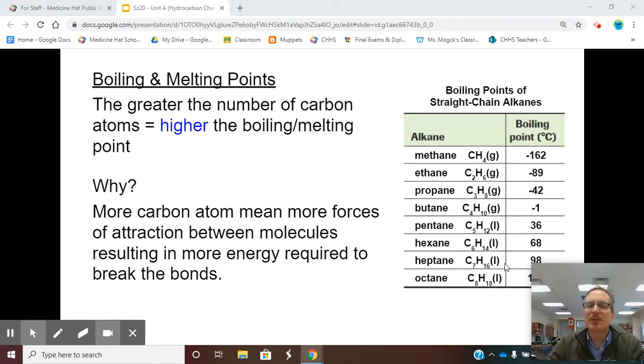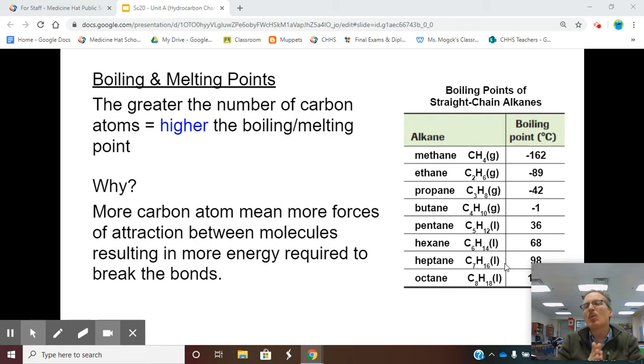Well, that's really, really easy. And that is because when you have a bigger molecule, there are more attractive forces between those bigger molecules, right? If I have 8 carbons and they're floating around in solution with another 8 octane carbons, there is a strong attraction between these two molecules.